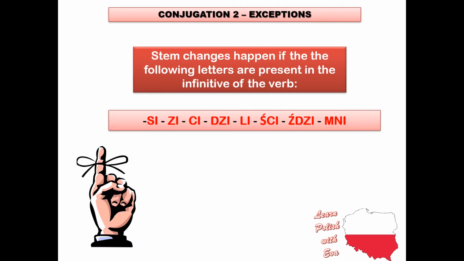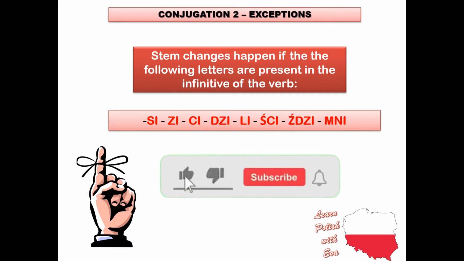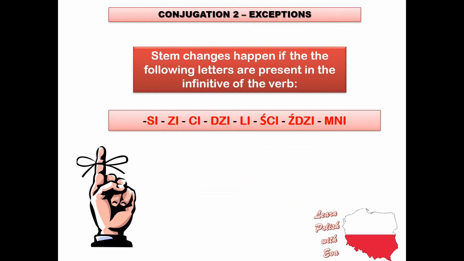So we have si, zi, ci, dzi, a Polish triple letter, the only triple letter we have, li, ści, zdzi, mni. So to recap, the following letters must be present in the infinitive: si, zi, ci, dzi, li, ści, zdzi, mni.